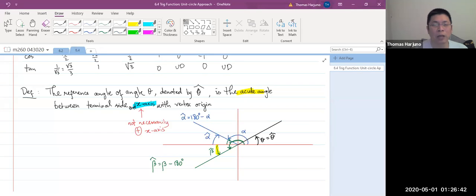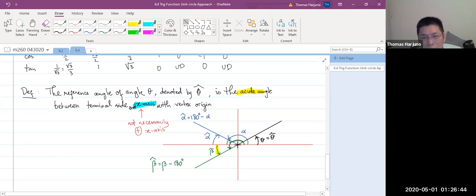Finally, what happens if I have an angle in quadrant 4? Let me call that angle gamma. I need to make it very big. This is angle gamma.